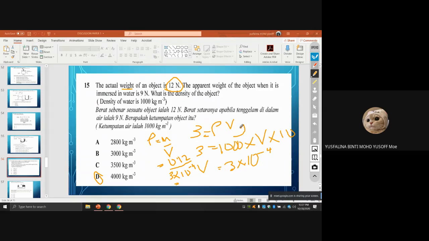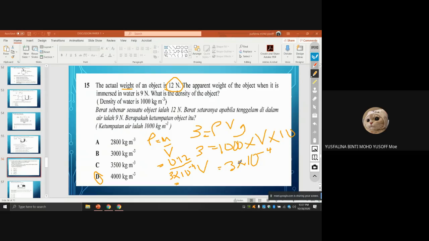Find the volume first. Here we assume that the object is totally immersed in the water, so the volume of the liquid displaced is equal to the volume of the object. 3 is equal to rho Vg, 3 is 1000 times V times 10.